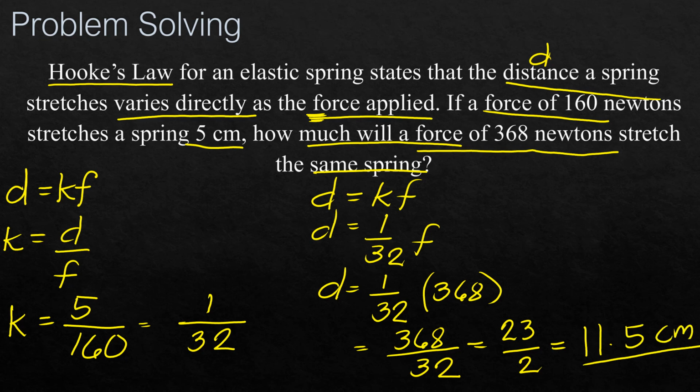centimeters. So again, ang una natin gagawin, kuhanin natin yung equation. Kukuha tayo ng specific na equation from the first statement. Tingnan natin kung varies directly ba siya, varies inversely, jointly.